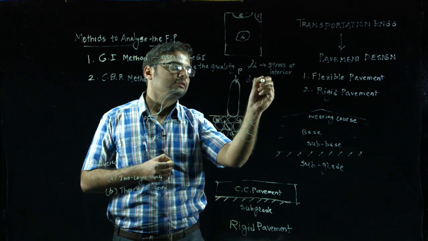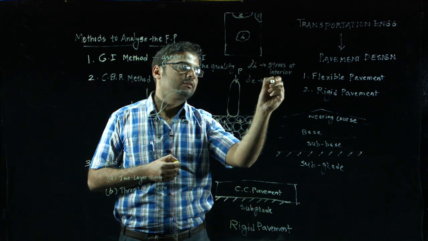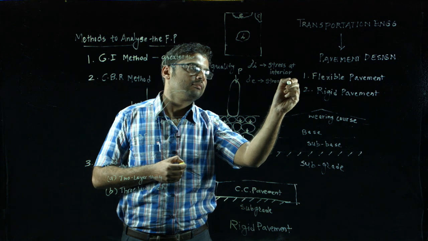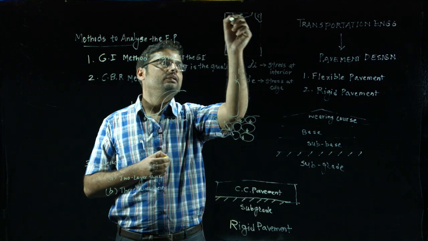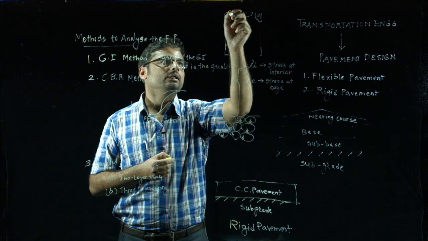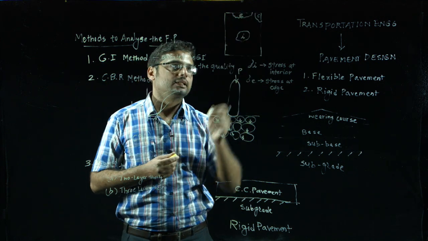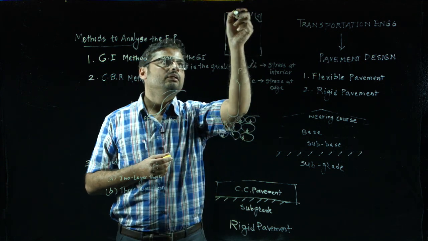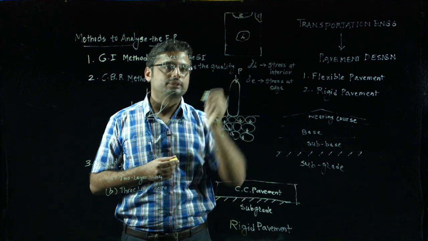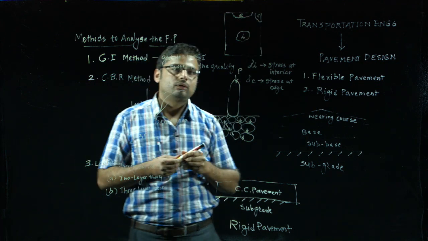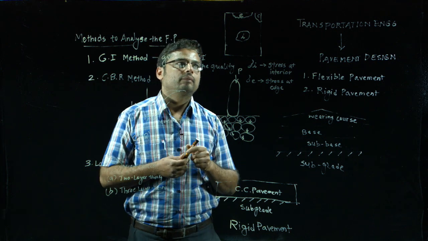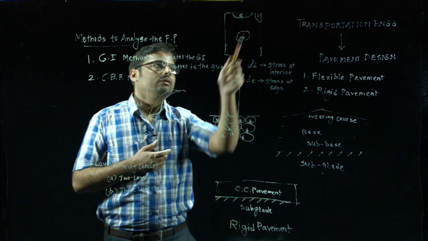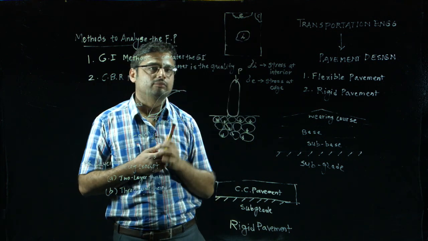Sigma E, the stress at the edge of the pavement. This is my pavement. I am calculating stresses at the interior of the section, at the edge of the section, and at the corner of the section. The major or most influential stresses occur at the corner portion of the rigid pavement.